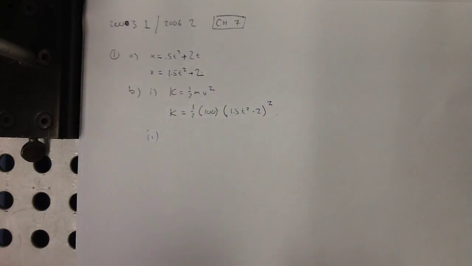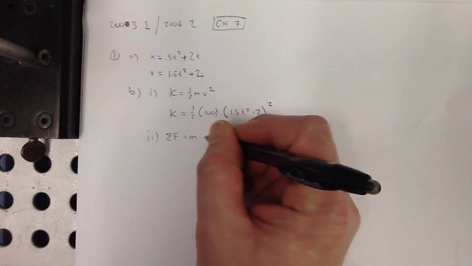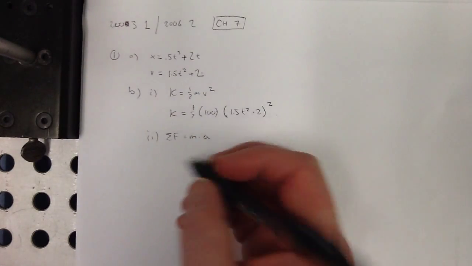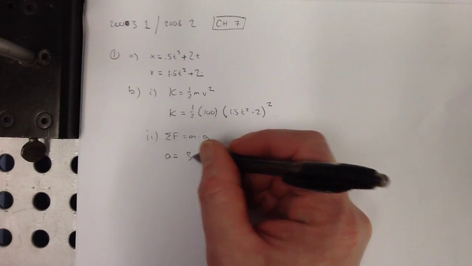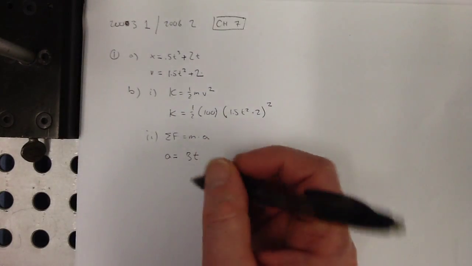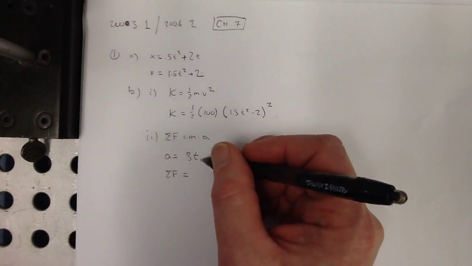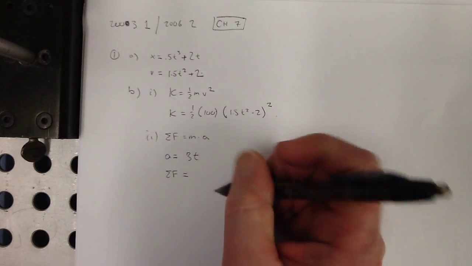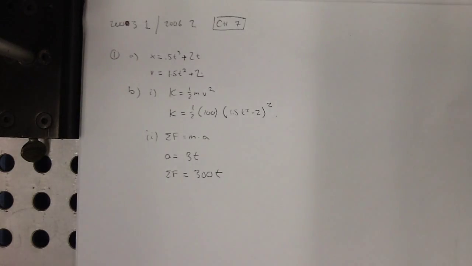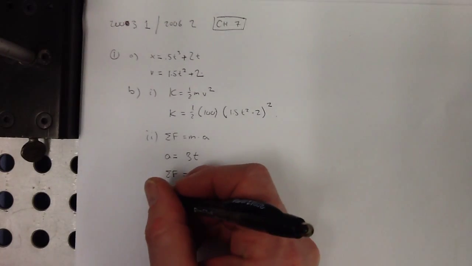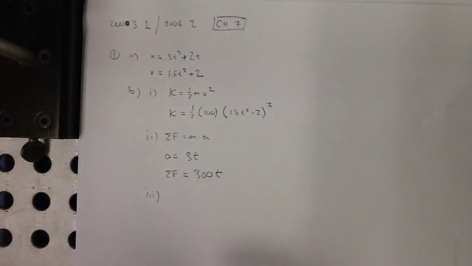2, the net force acting on the box. Well, I know that net force is equal to mass times acceleration. And I have the velocity here, so the acceleration would be 3t. And therefore the net force as a function of time is equal to mass, which is 100, times the acceleration, which is 3t. And in part 3, they would like to know the power being delivered by the box.